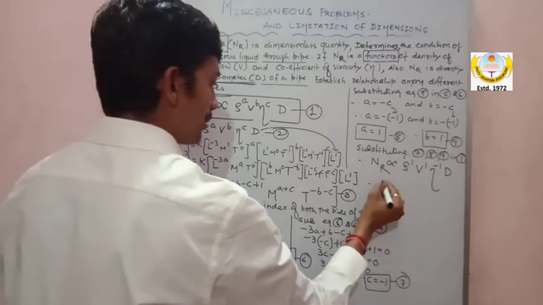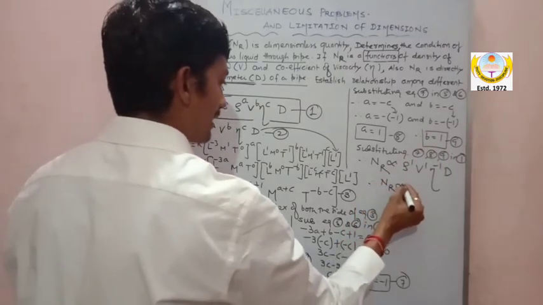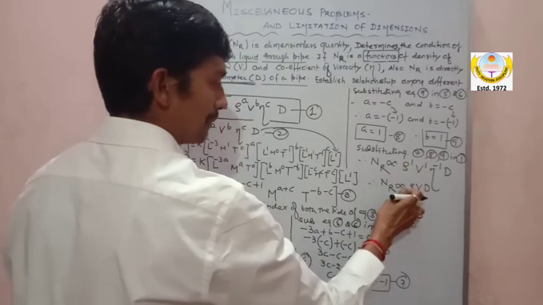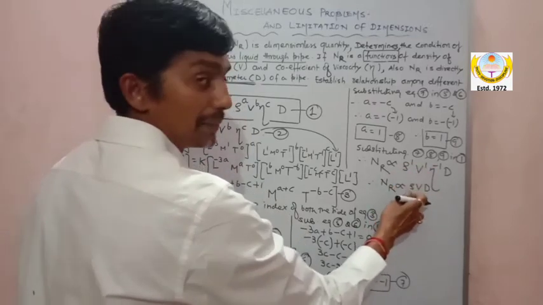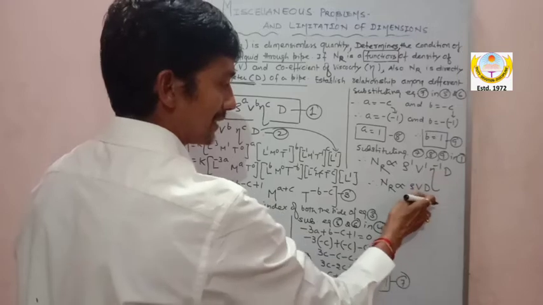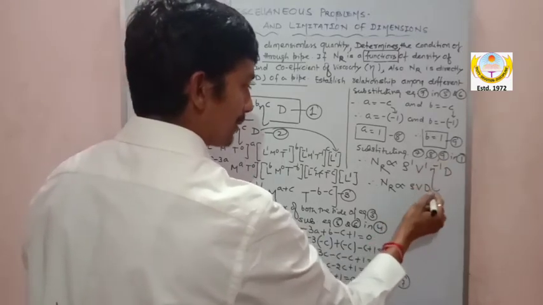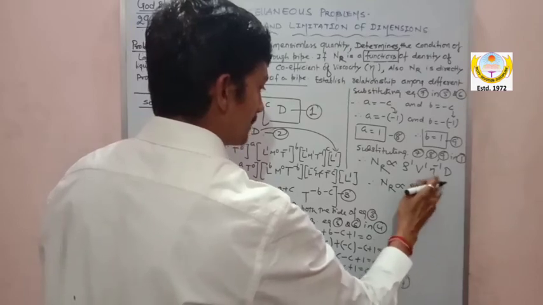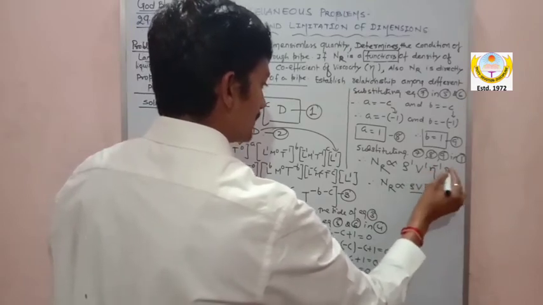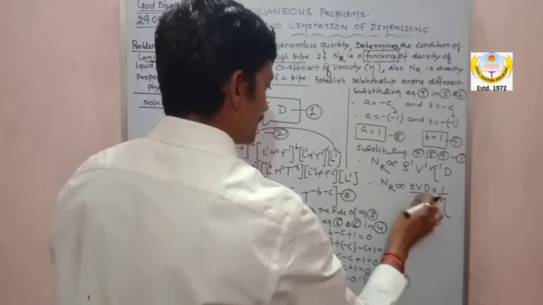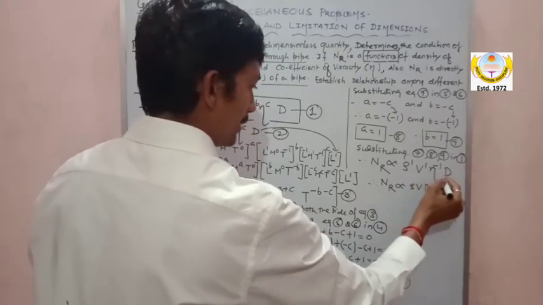So now, my dear, what is the exact relation? NR is directly proportional to rho VD, because rho power 1 can be written as rho, V power 1 can be written as V, and D is as it is, and eta power minus 1 can be written as 1 upon eta. I hope it is clear.